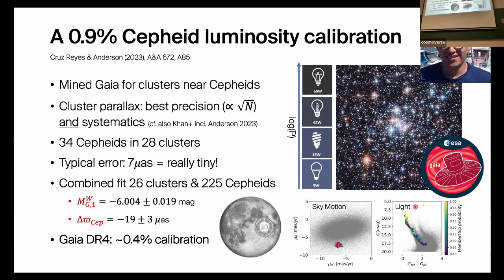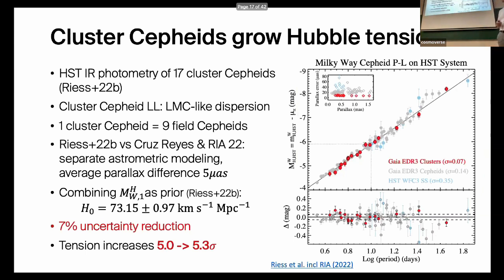And then going forward in the next Gaia data release, because the proper motions will be so much better and we will be better able to identify the host clusters, we hope to get to about a 0.4% calibration using Gaia in the Milky Way of Cepheids. Then, as Adam mentioned, there's about 17 of these stars that have HST photometry, and it's really impressive in this diagram here.